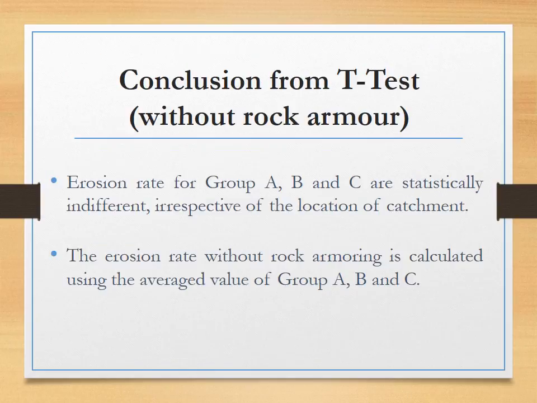Therefore, we conclude that erosion rate for group A, B, and C are statistically indifferent, irrespective of the location of the catchment. Hence, erosion rate without rock armoring is calculated using the average value of group A, B, and C.